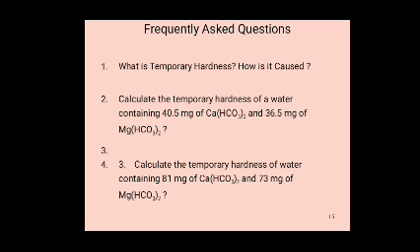Calculate the temporary hardness of water containing 81 milligrams of calcium bicarbonate and 73 milligrams of magnesium bicarbonate. Weight of calcium bicarbonate 81 milligrams, weight of magnesium bicarbonate 73 milligrams. Gram molecular weight of calcium bicarbonate 162, magnesium bicarbonate 146.